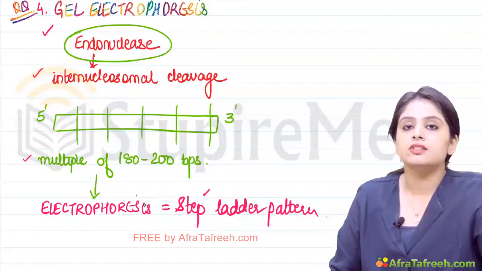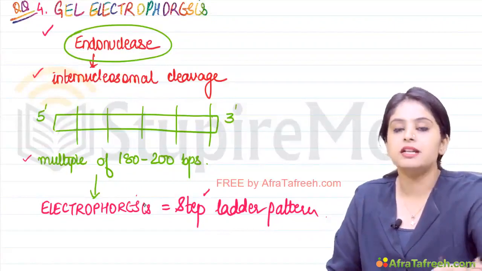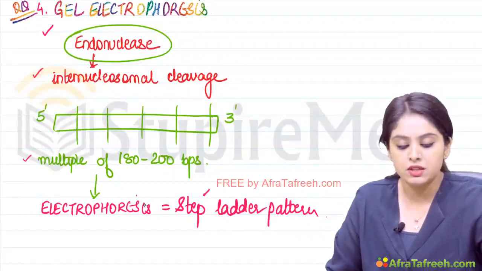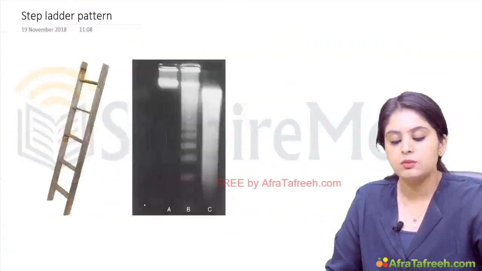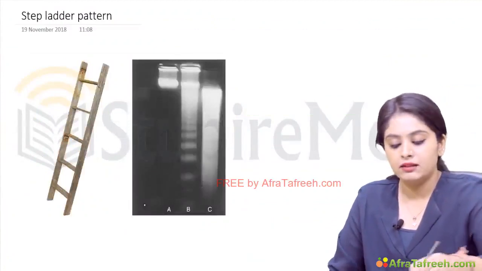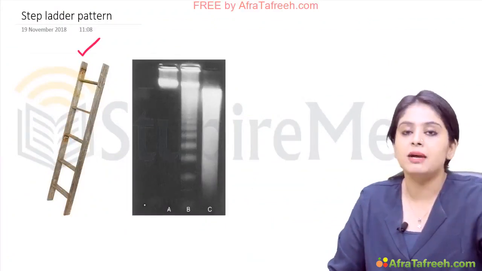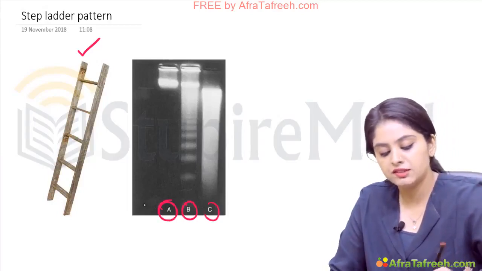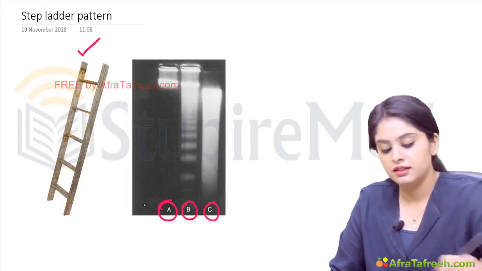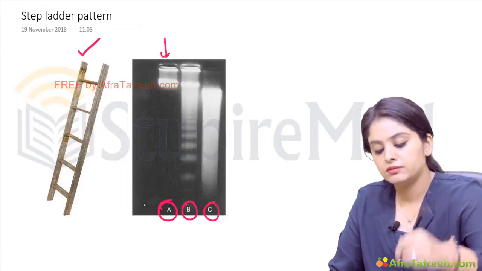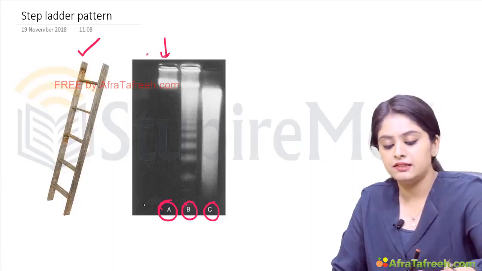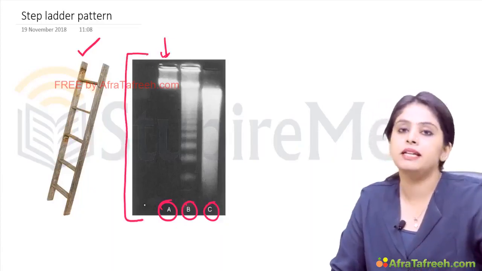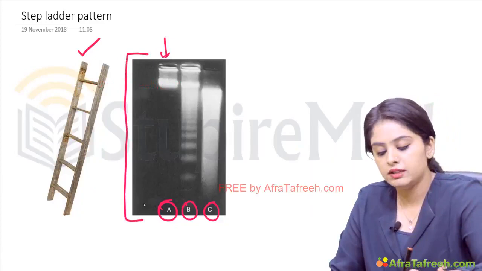Now this, rather than a theoretical question, is more a favorite as an image based question. So this is the image that we need to refer to, and hopefully with this diagrammatic representation of a ladder you will be able to remember. Over here you can see 3 images, A, B and C. This entire thing is a gel electrophoretic plate, and at one end the DNA of a person is placed.